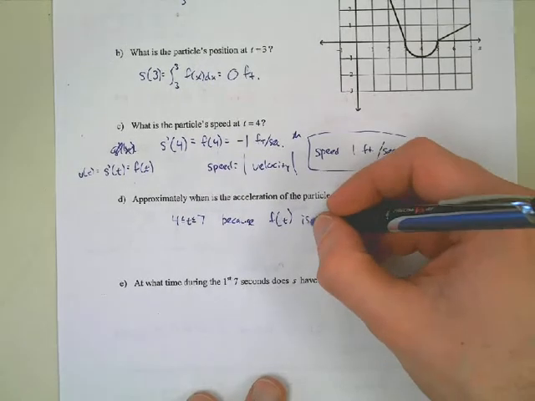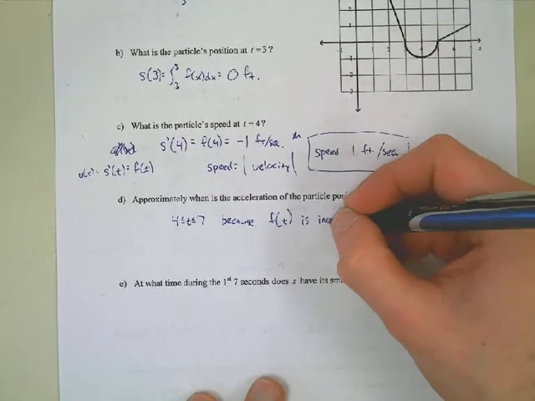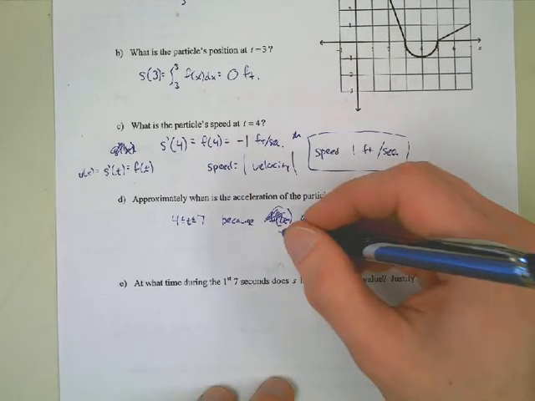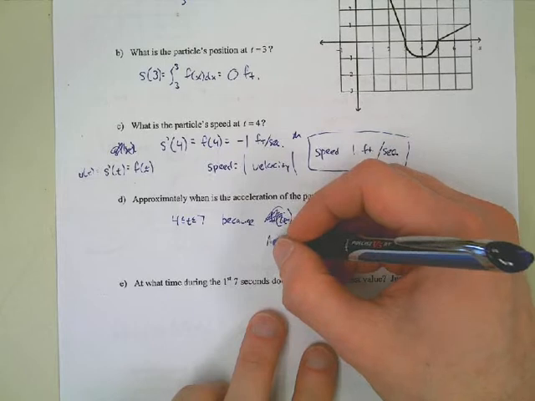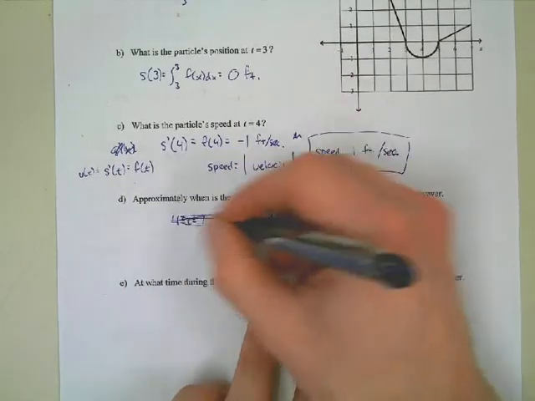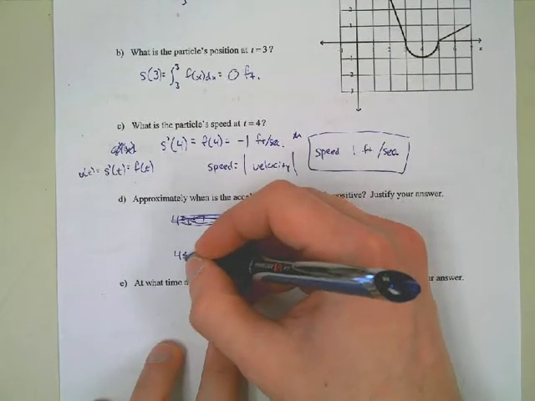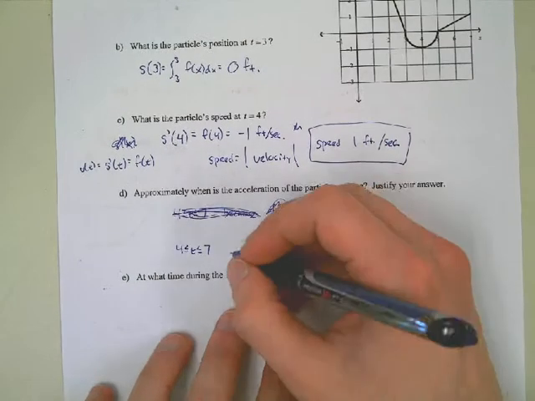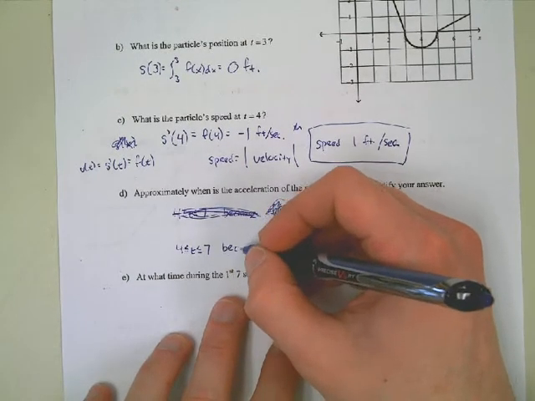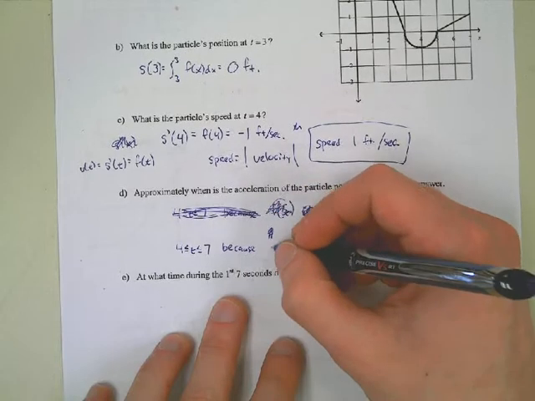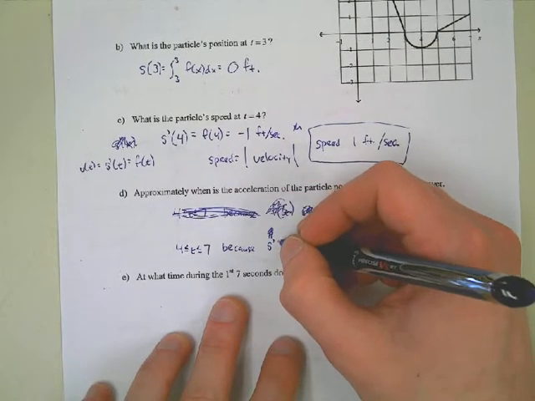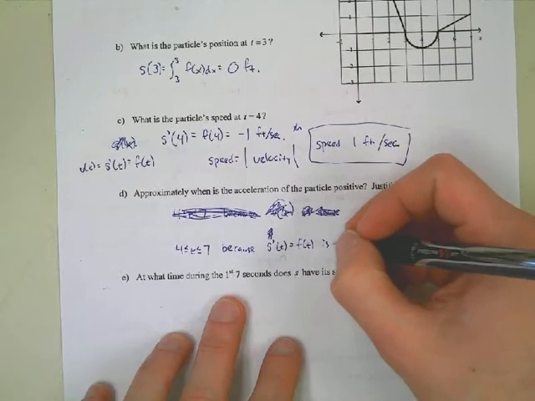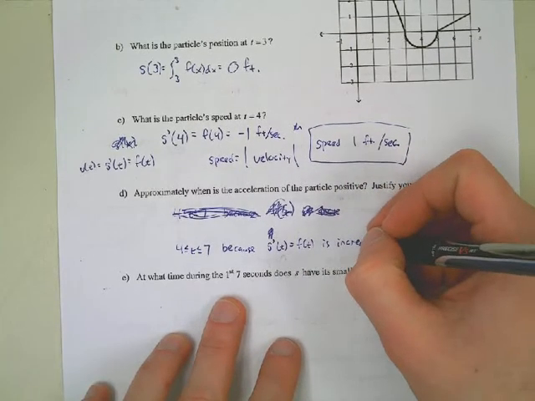Actually, I should say it this way. Hang on, how do I want to write this? 4 less than or equal to t less than or equal to 7, starting over again, because s prime of t equal to f of t is increasing on the interval, and I think that is enough.